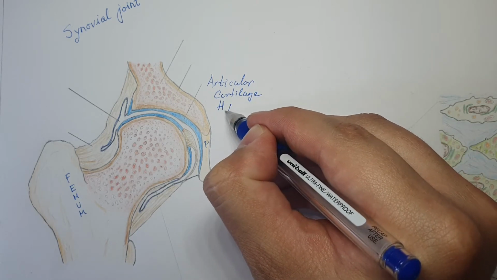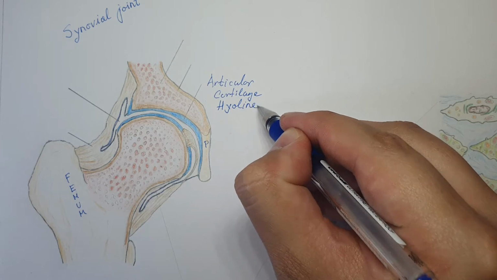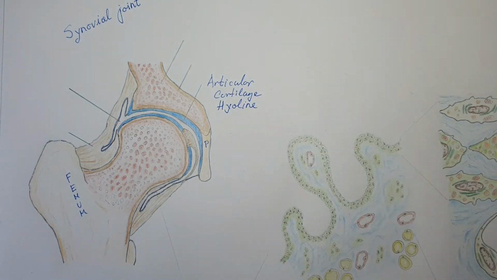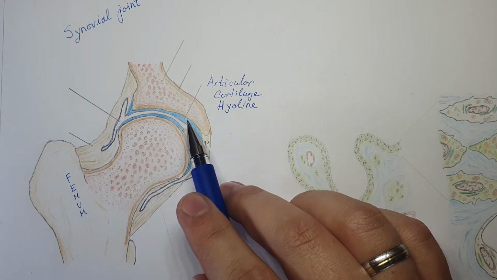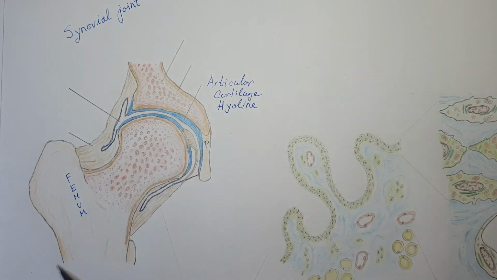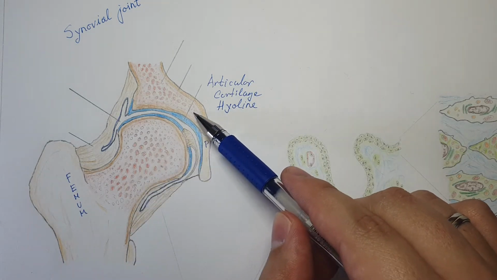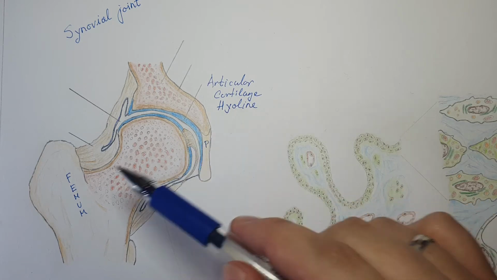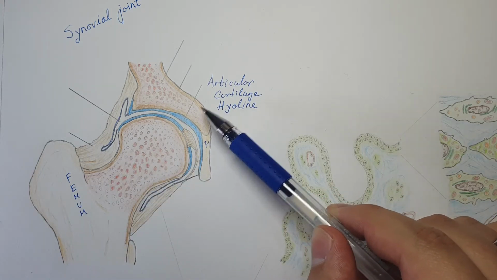And this cartilage is actually hyaline articular cartilage, and this is very important. Also in Latin, this is called cartilago articularis. Then obviously this cartilage lies on bone, and it is connected with connective tissue to the bone.